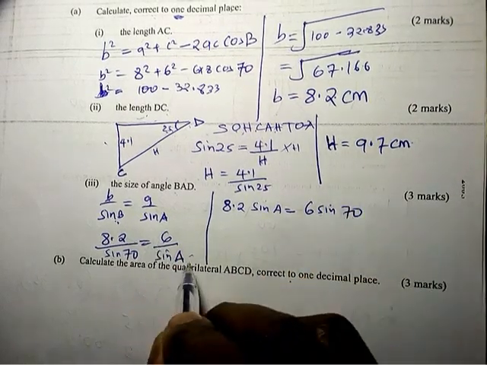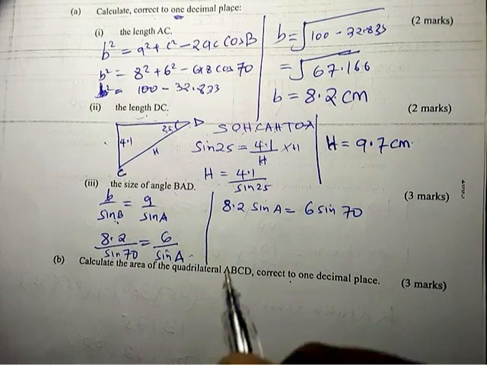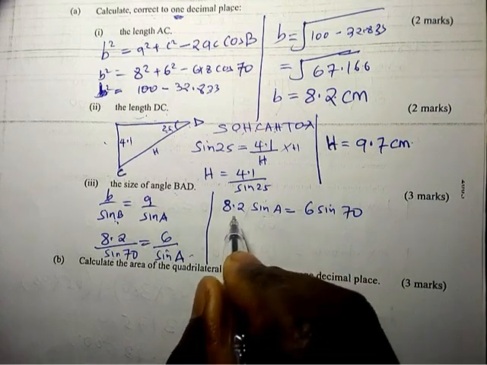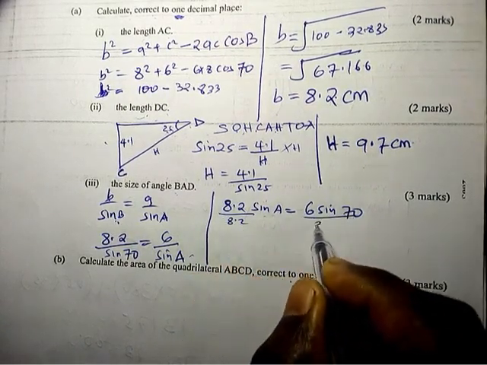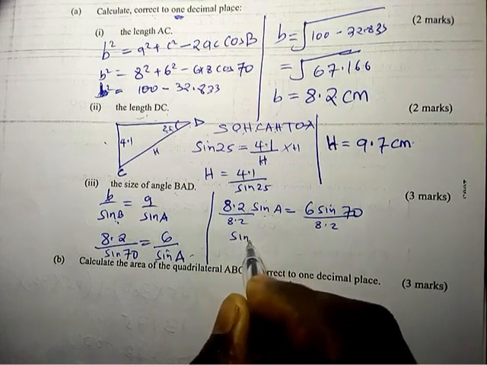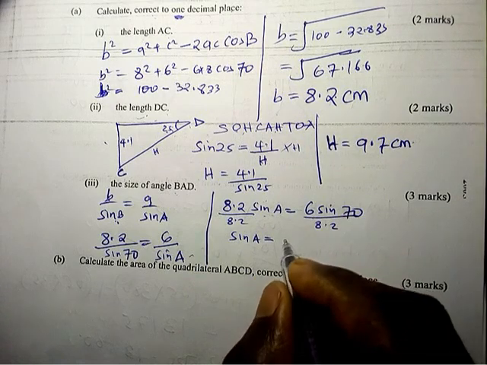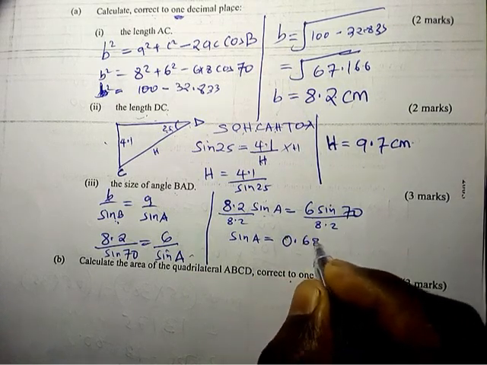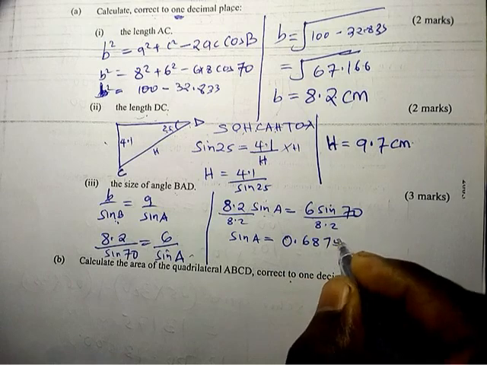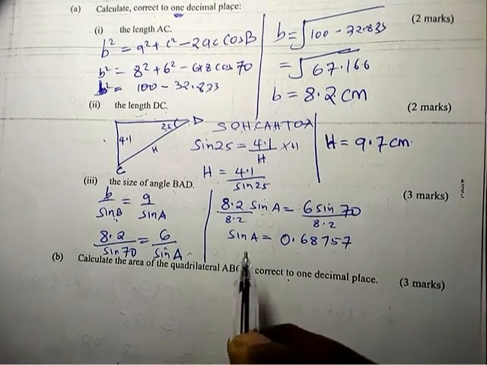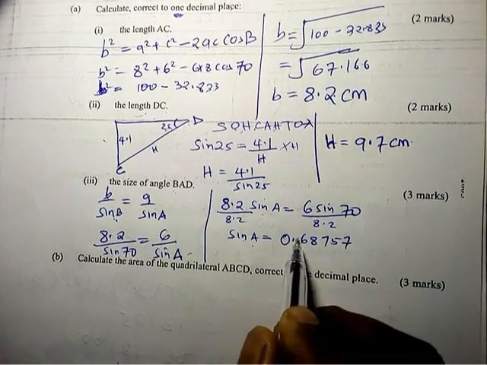You cross multiply. So for sine A we divide by 8.2 both sides. So sine A is equal to, you press the calculator, you get 0.68757. But we want A, so we look for the sine inverse of this.